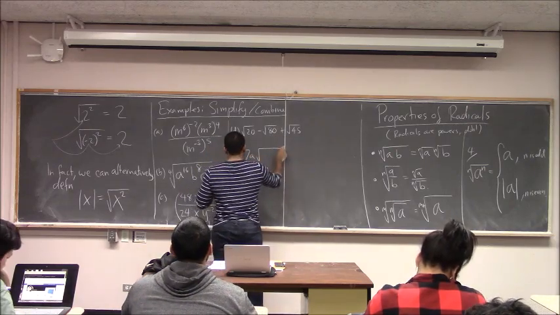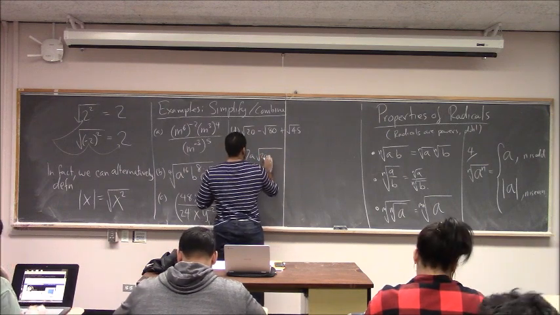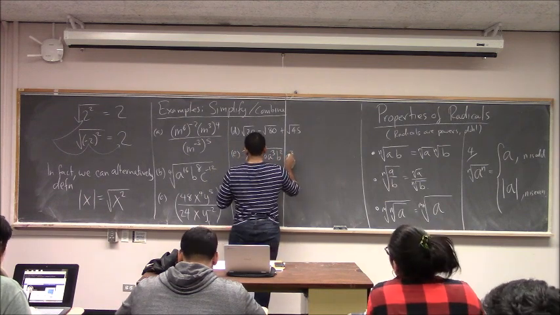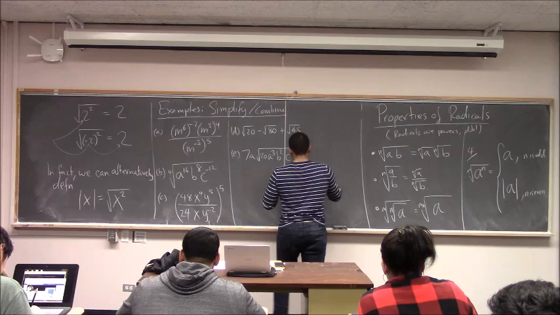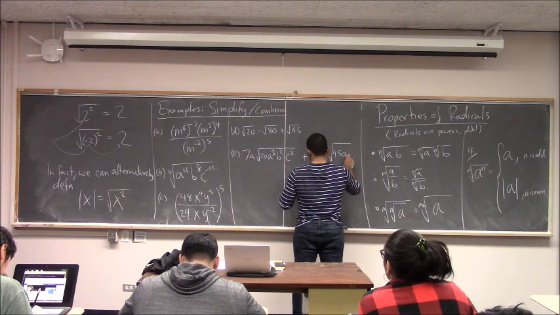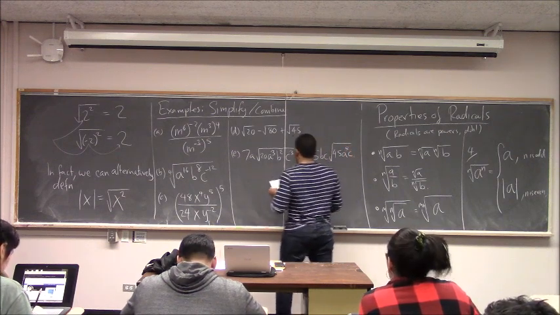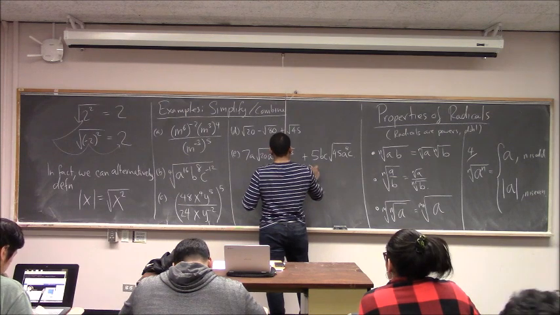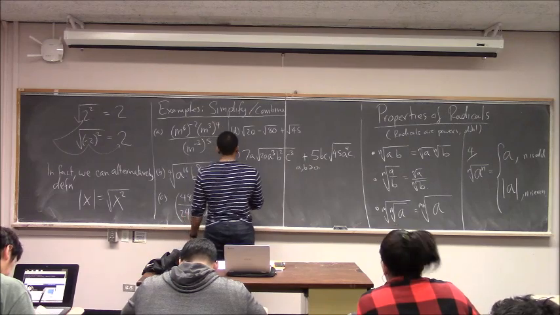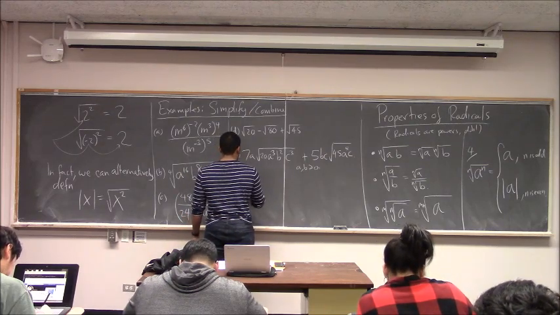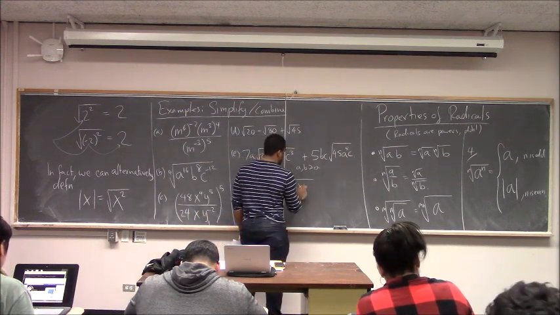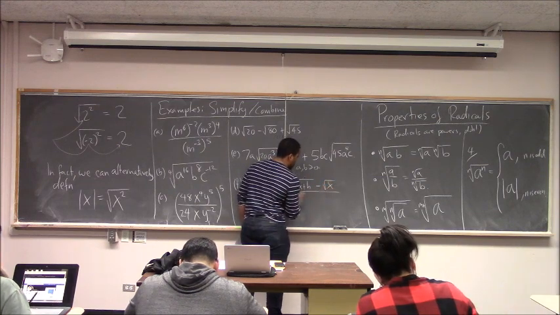I probably won't get through all of these, but you can try them for next time. Assuming here that a and b are greater than 0. I was hoping we could get to this one. This was actually on the quiz.